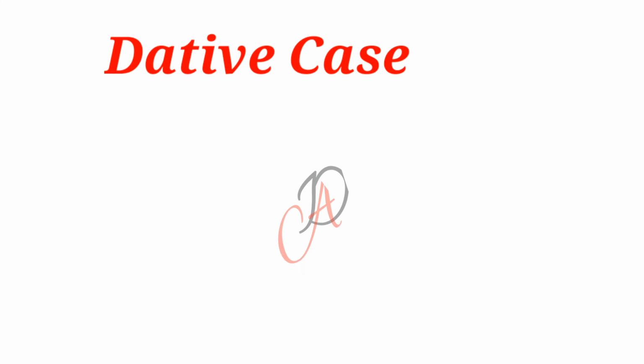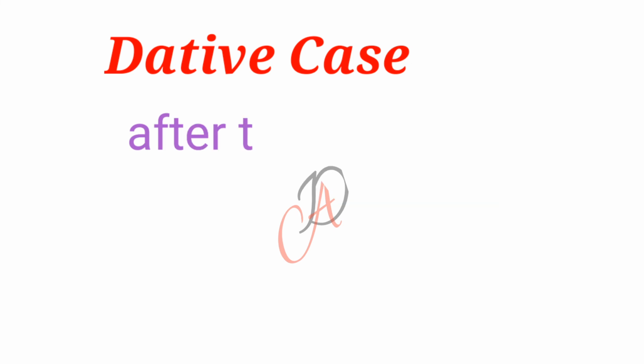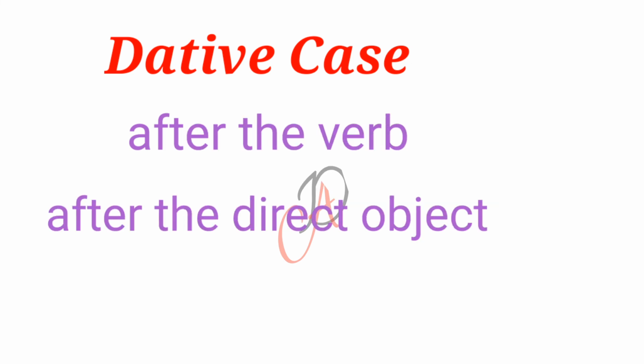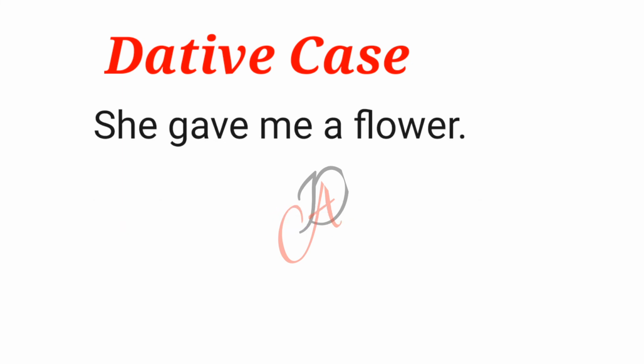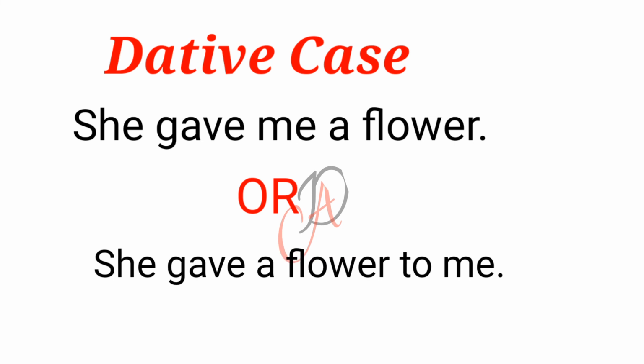To find the indirect object in the dative case, simply use the words to whom, and the answer you get is called an indirect object. The important point to note while using dative case is that the indirect object can be placed immediately after the verb or after the direct object following a preposition. For example, she gave me a flower or she gave a flower to me. Both the examples fall under the same category, that is dative case of indirect object.